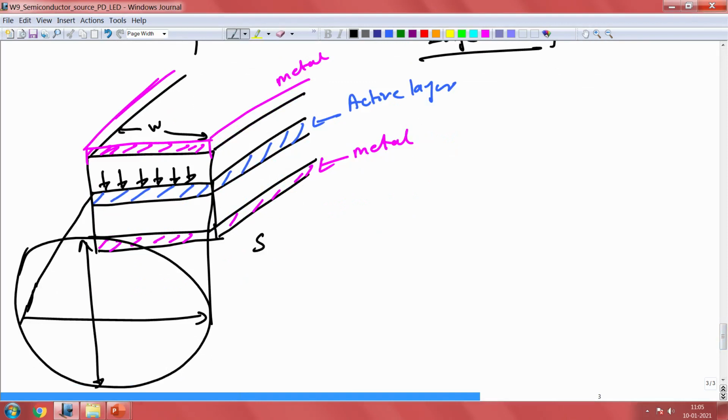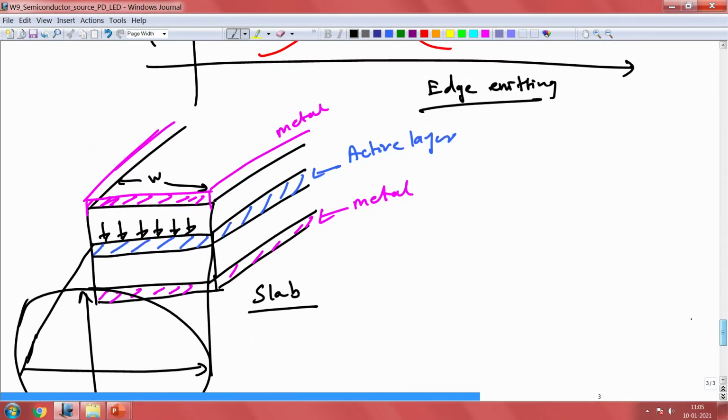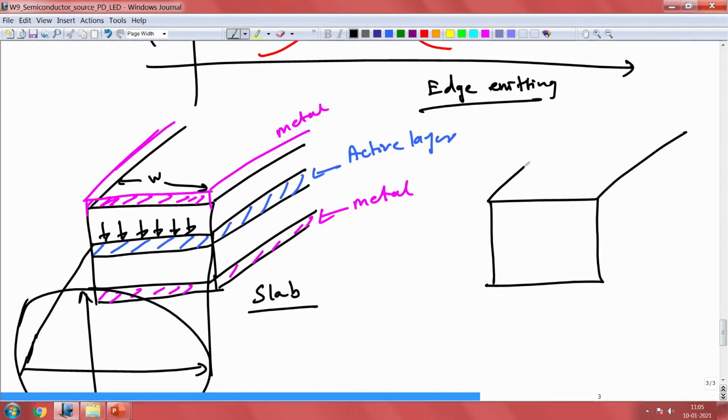So, we could have a similar kind of patch, but instead of having your emitters all over, we could have a guided strip here. So, we could make a very simple waveguide like this, where this is our active region now.